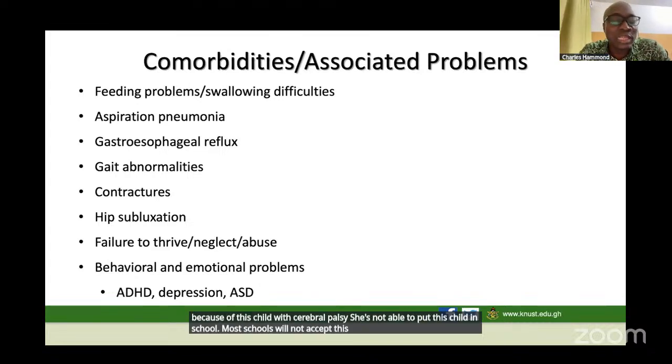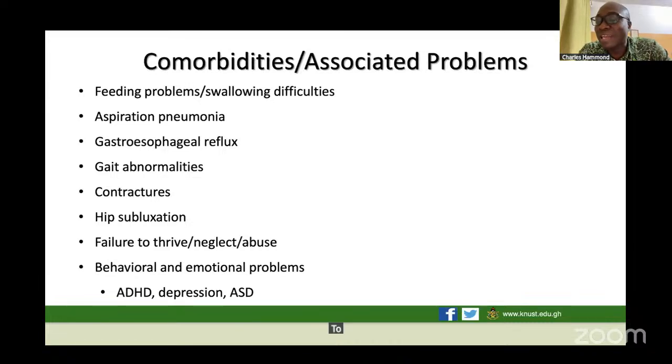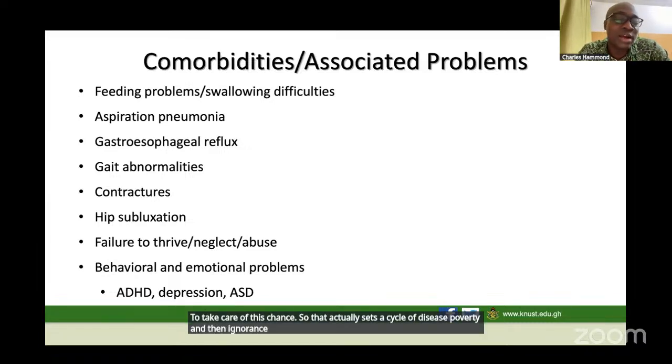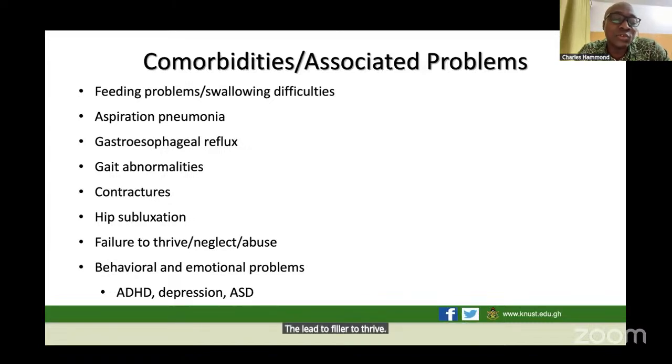So she has to quit her job to take care of this child. So that actually sets a cycle of disease, poverty, and then ignorance, and then it goes round and round and round. And these children become subjects of abuse and neglect, and then they lead to failure to thrive, also because of the challenges with feeding.